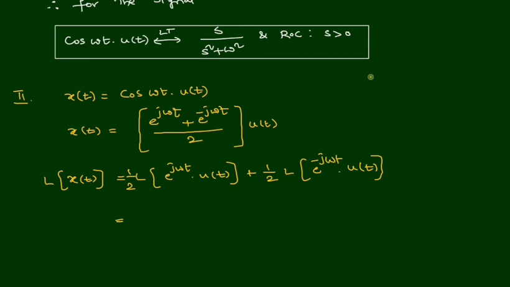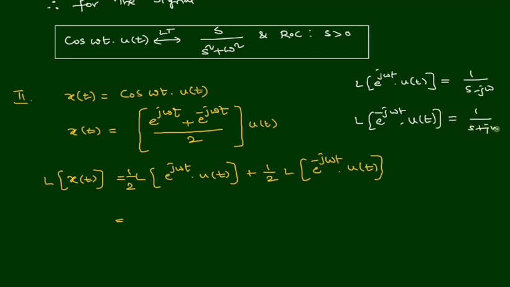So from that we can directly write the Laplace transform of e^(jωt) multiplied with u(t) equals 1/(s minus jω). Similarly, the Laplace transform of e^(-jωt) multiplied with u(t) is 1/(s plus jω).